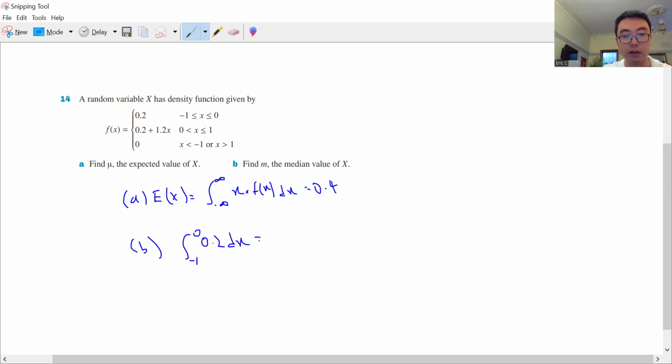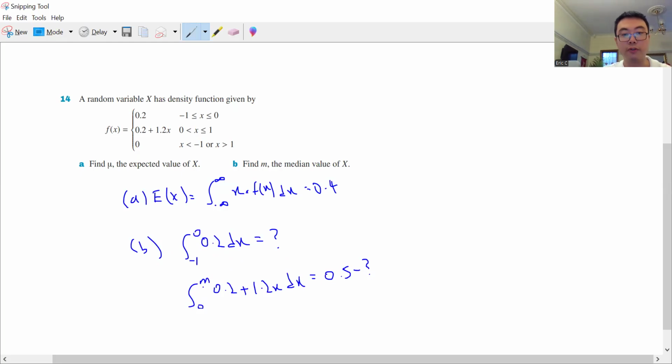We want to find out what this value is. And then for the second part, it's from 0 to m of this second function here, 0.2 plus 1.2x dx, which equals 0.5 minus the value you have from the first integral.